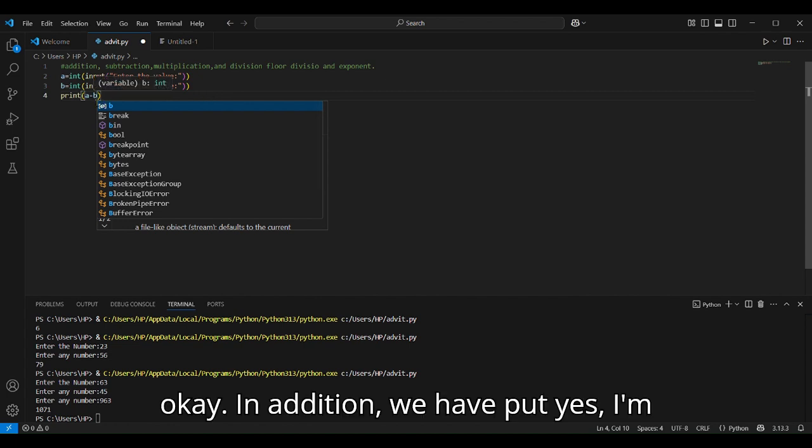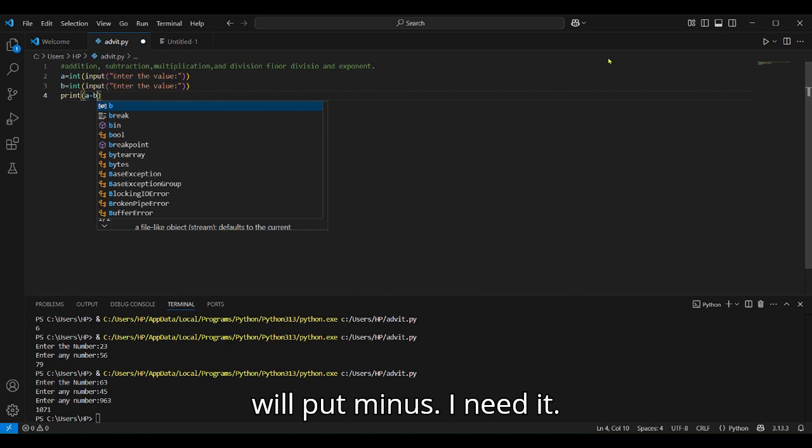In addition, we put plus, and going like that, for subtraction we put minus.